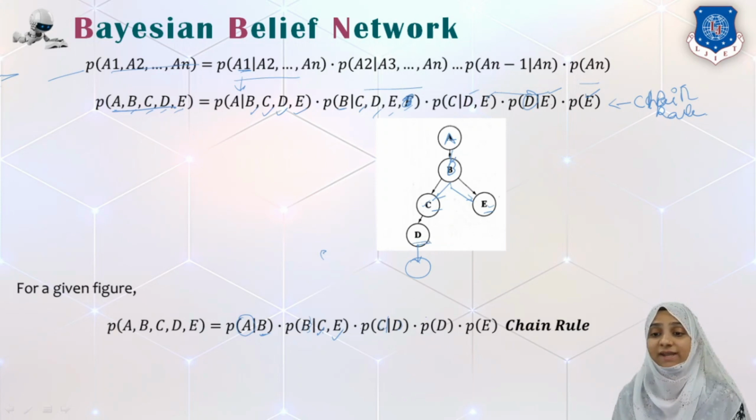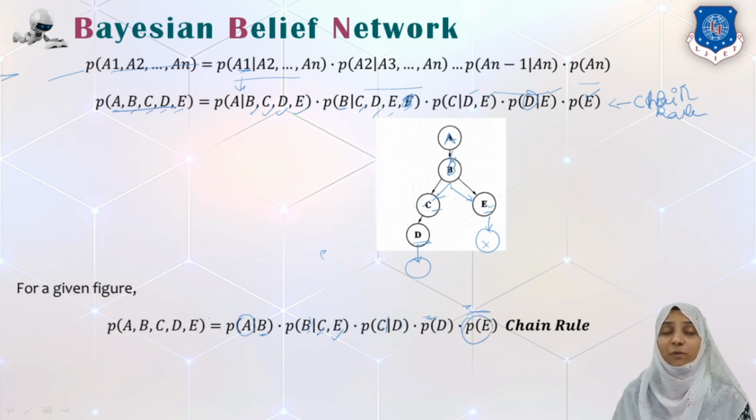So we will directly substitute the probability of D, into the probability of E. As you can see, E also doesn't have any descendants. So again we can directly substitute the probability of E. So this is the modified chain rule for a given network.